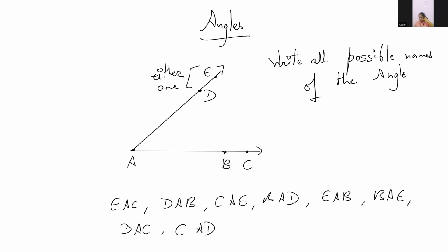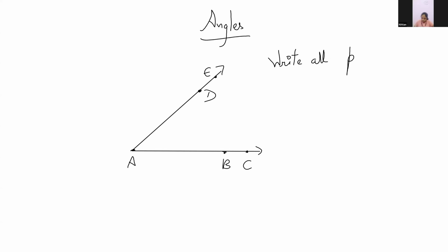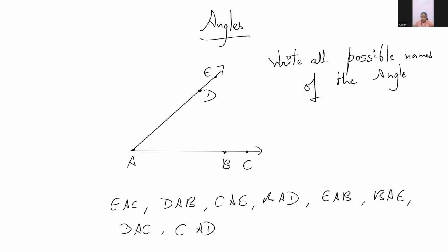So we have 8 names, and that is all. That's all we've got. 8 names will be there of this angle.